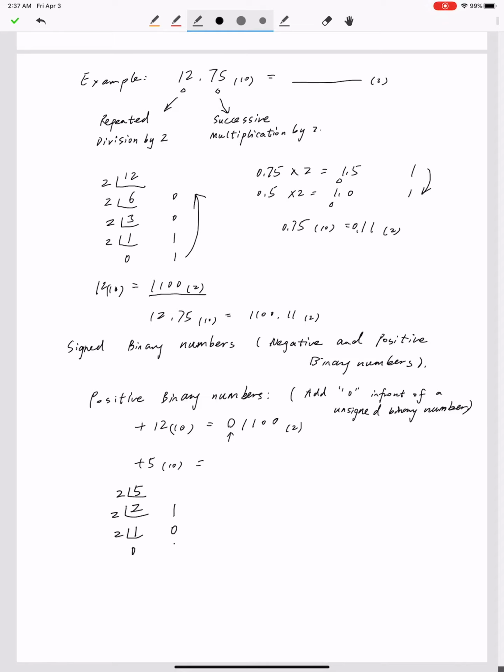So the binary representation is 1, 0, 1. This is the unsigned binary number. After you find the unsigned binary number, you just need to add a 0 in front of it, and that becomes positive 5 in decimal numbers. Okay.